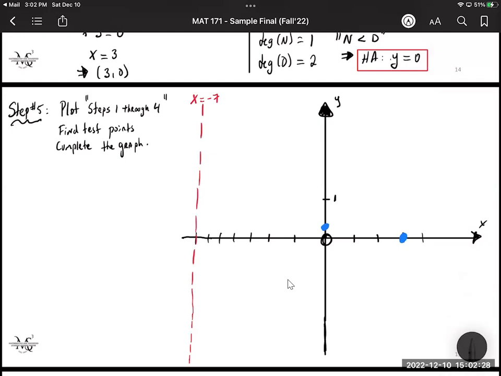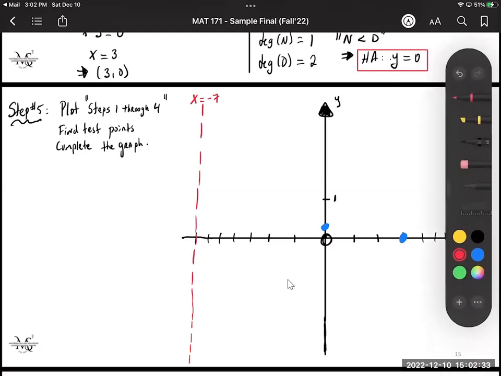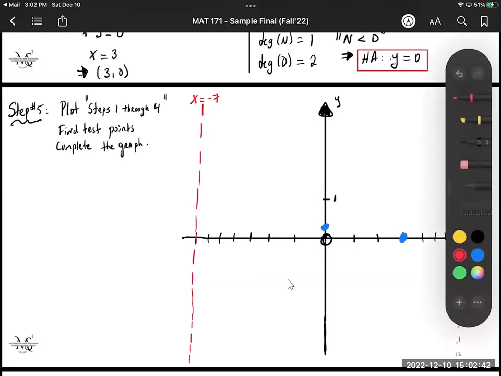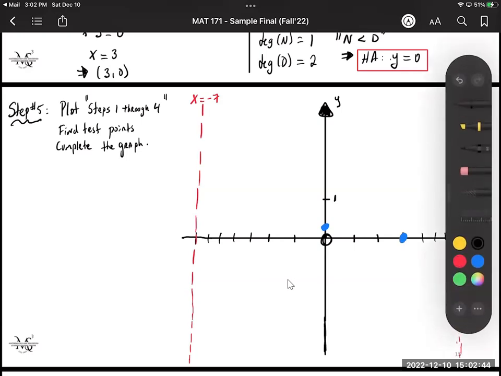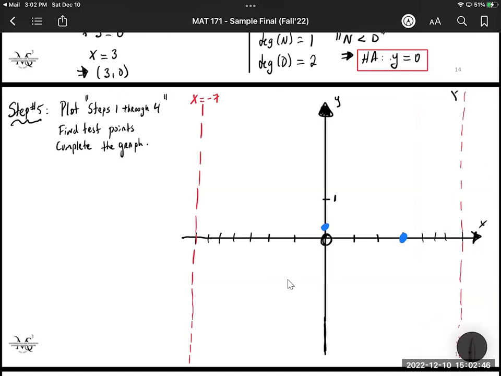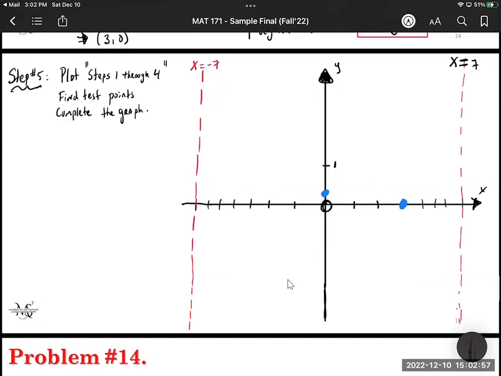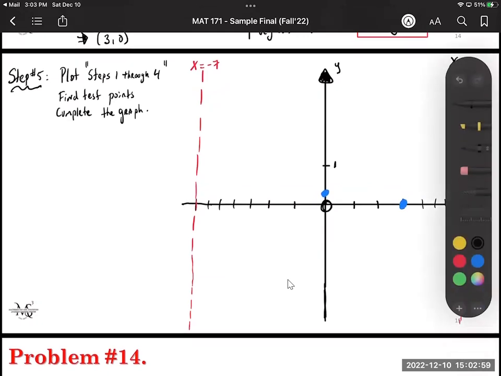So I go 1, 2, 3, 4. That would be somewhere here. So again, this line is going to be x equals 7. So x equals -7 and x equals 7 are my vertical asymptotes.